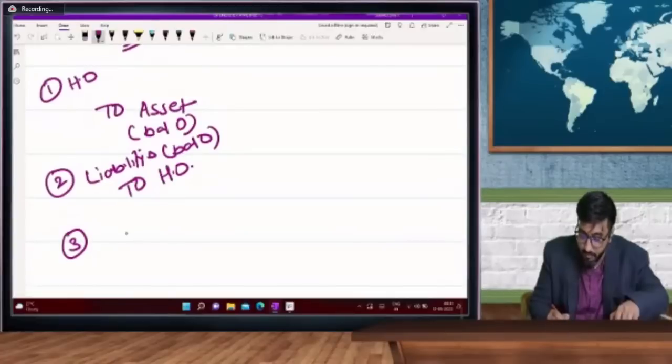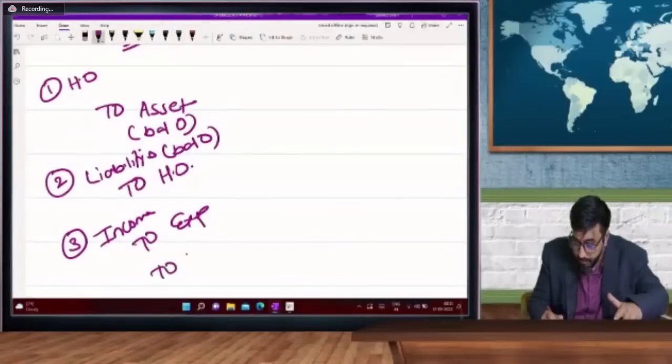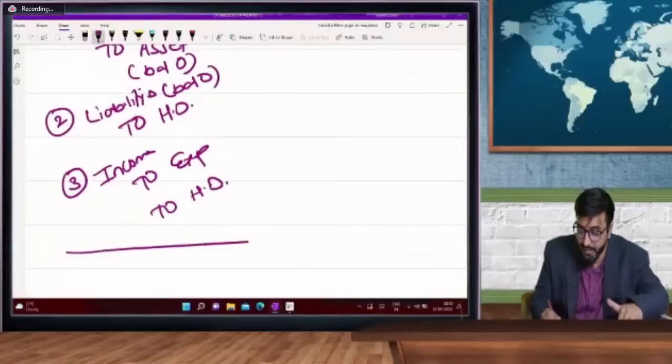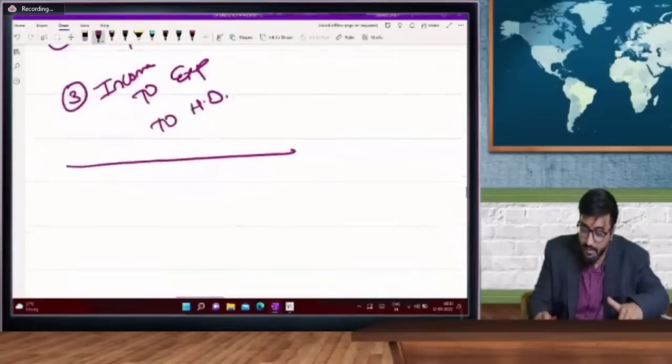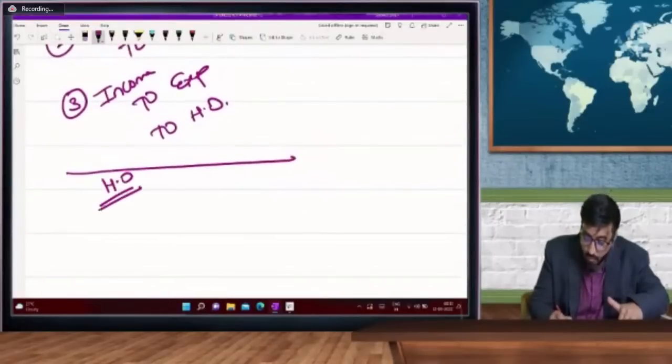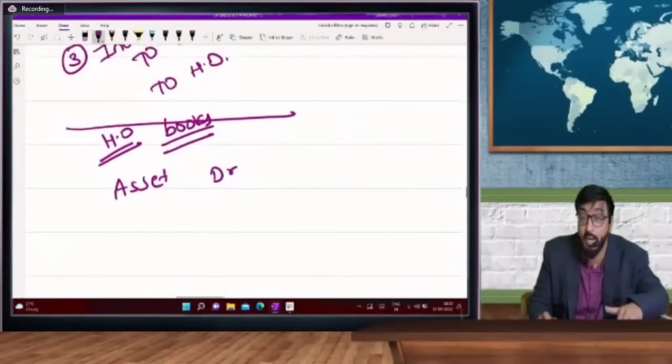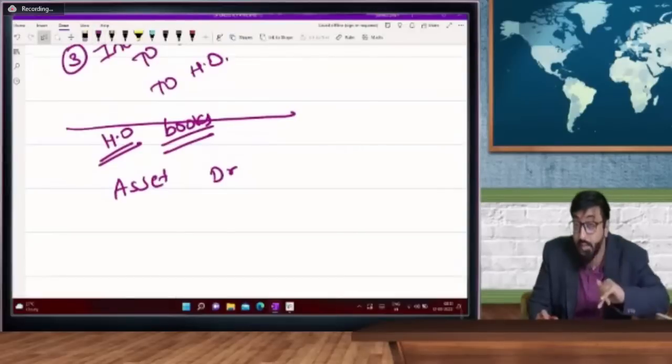And all expenses and incomes you will transfer, so income and expense to head office. And head office will pass an entry, so all balances become 0. In head office books, asset account debit because they want to incorporate. So they will record it. They won't cancel it.